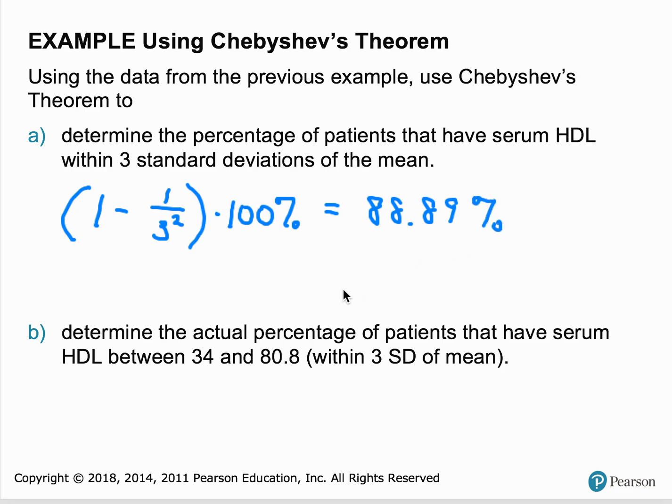And then it says go back and determine the actual percentage of patients that are between 34 and 81. Okay, so that would be 35 to 81 this time. No, to 80. 35 to 80. But we'd go back and do the same thing. Count up exactly how many.